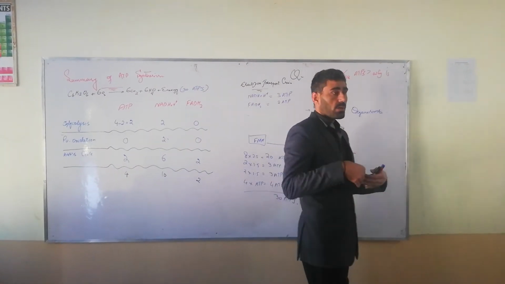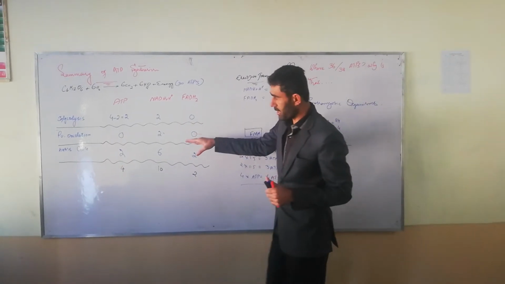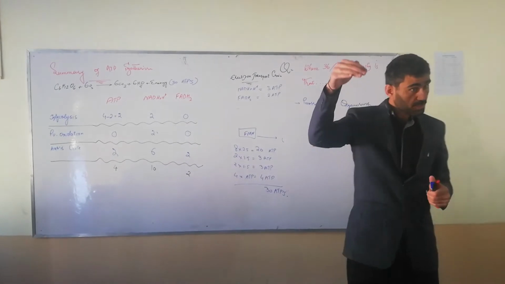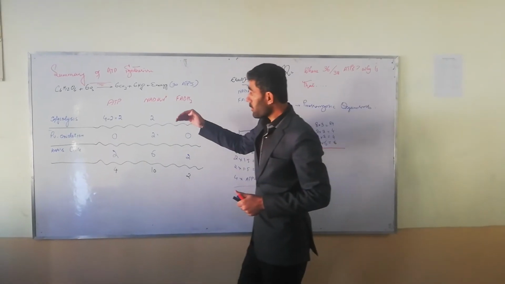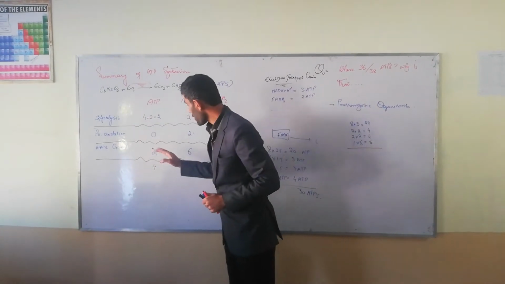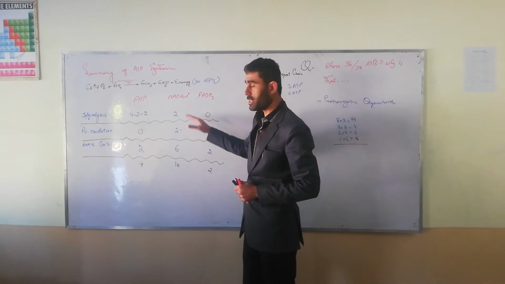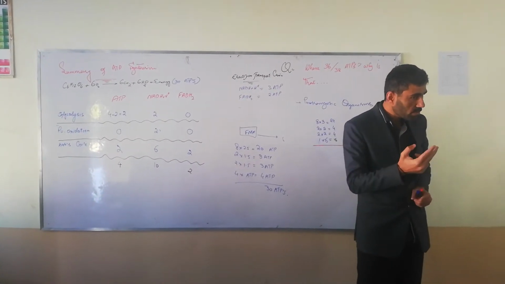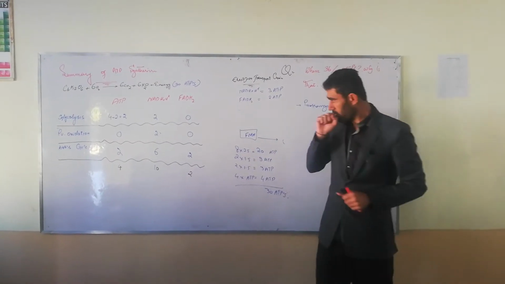Pyruvate oxidation is the first step of the Krebs cycle, the link step. Pyruvate oxidation is separate from the Krebs cycle. In pyruvate oxidation, you can obtain only 2 NADH plus H plus from 2 pyruvate molecules.